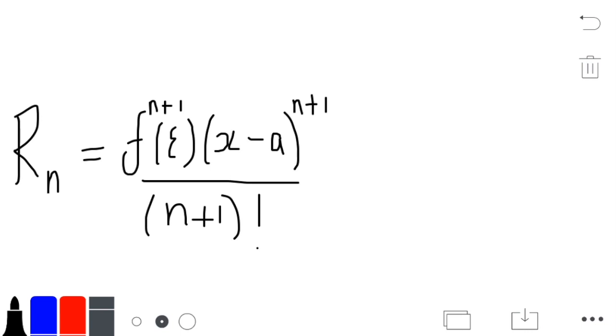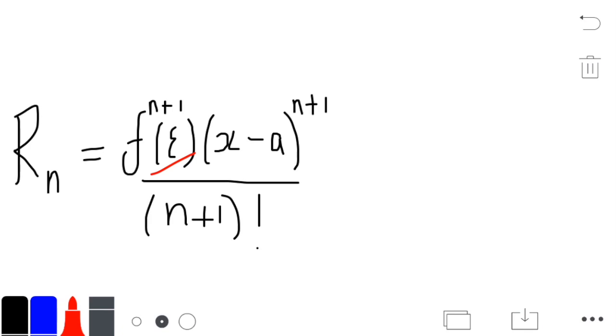Now we can define our accuracy based on our remainder term, but this remainder term has two drawbacks. And the first is that our chi value is not known. In fact, it lies between the value of x of i and x of i plus 1, but we don't know its exact value.